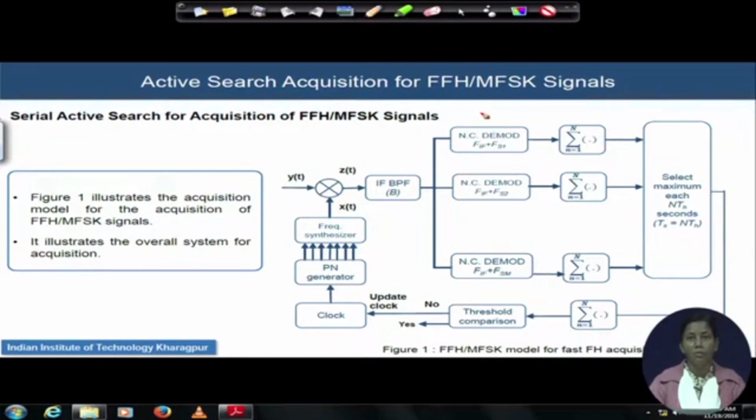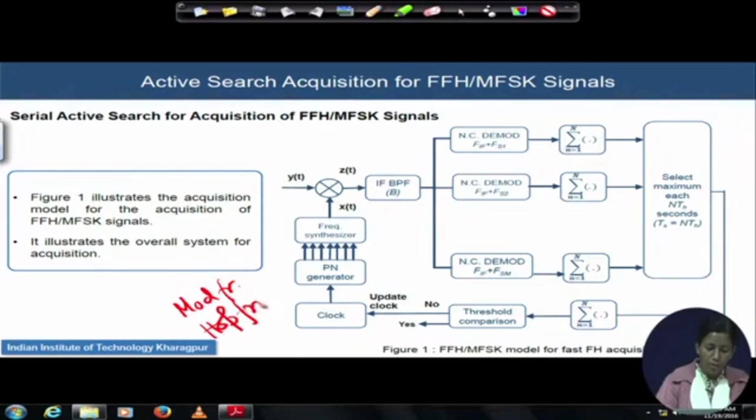That means for transmission of a typical symbol, we have a set of tones from which a typical tone is assigned. So we are now dealing with two different frequencies. One is the modulation frequency, which we call the modulation tone, and the other is the hopping frequency, which is generated locally in the receiver, and the pattern of that generation is governed by the secret key.